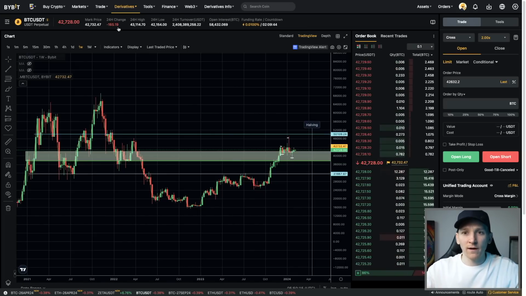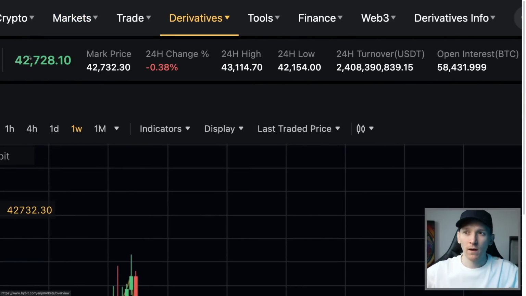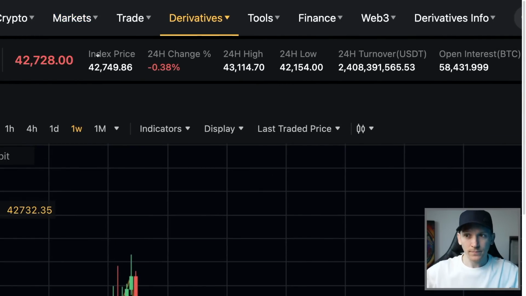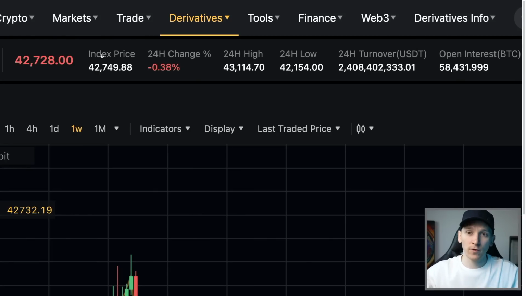However, that price can get away from the actual market price around the world, right? So the way that crypto exchanges try and work with this is that they have an index price and a mark price as well. The index price is an index of the leading crypto exchanges like Binance, Bybit, OKX, Coinbase, and that will basically have a price feed from all of those exchanges.